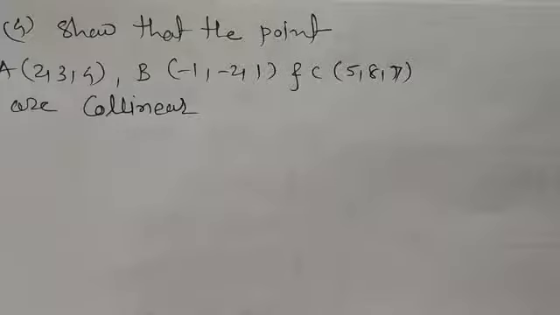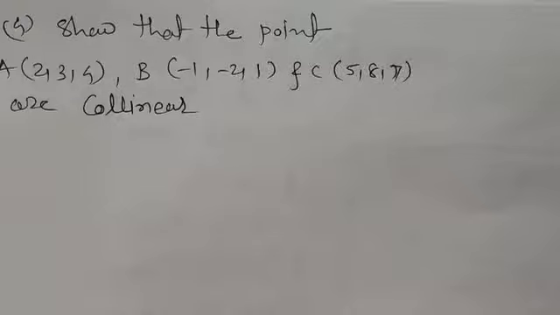Next example, same way. Show that the points A, B, C are collinear. We know that points are collinear means they lie on the same line. By vectors, you can show that two vectors are collinear, meaning one vector is a scalar multiple of the other, or the components are proportionally equal.